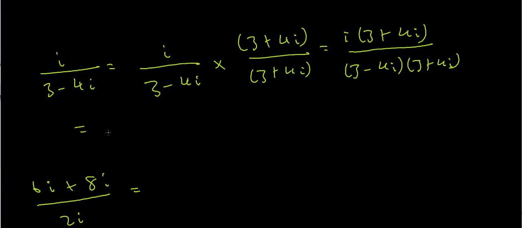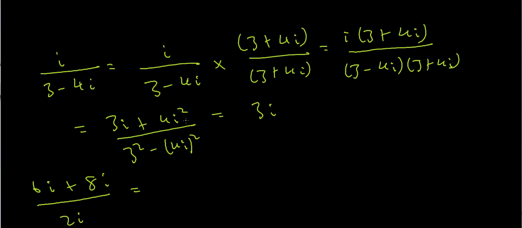And this is the same as 3i plus 4i squared, divided by 3 minus 4i times 3 plus 4i. So the bottom is 3 squared minus 4i all squared, by the difference of two squares. On top, i squared is minus 1, so 4i squared is 4 times minus 1, which is minus 4. And I then divide that by 3 squared minus 4i squared. 3 squared is just 9.